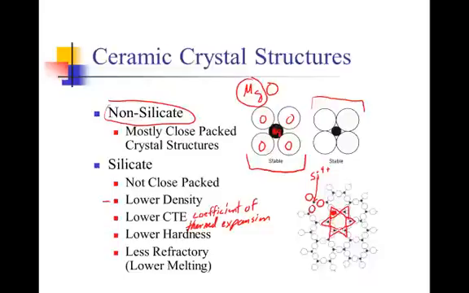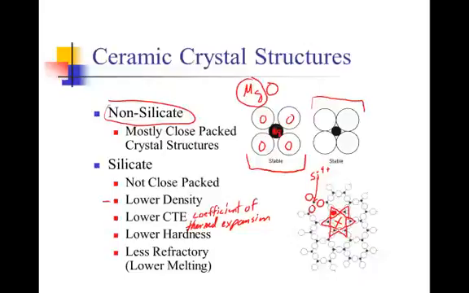And a material with a high coefficient of thermal expansion will get a lot bigger when it's heated in a furnace. And when it's cooled back down to room temperature or body temperature, it'll get a lot smaller again. And so silicates have a lower coefficient of thermal expansion because as they're heated and they vibrate, they have all of this empty space in the middle here to vibrate into, so they don't have to push apart from each other as much.